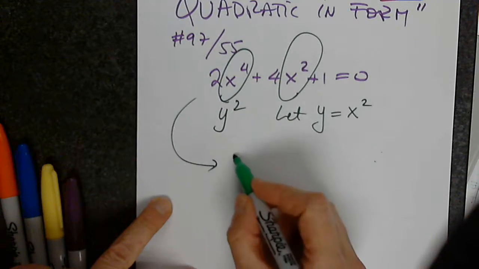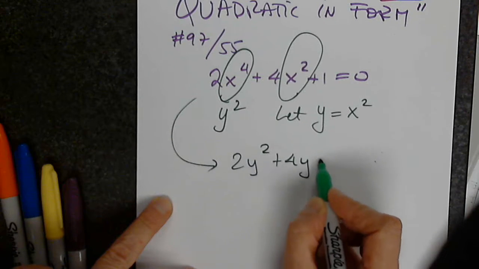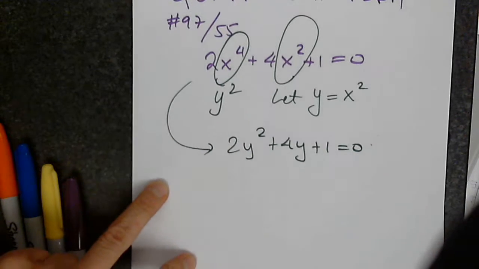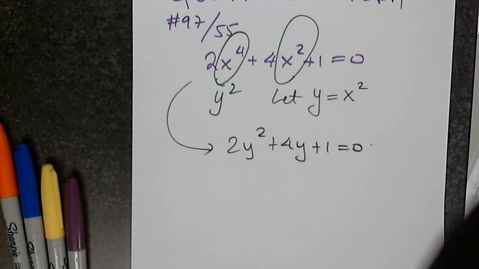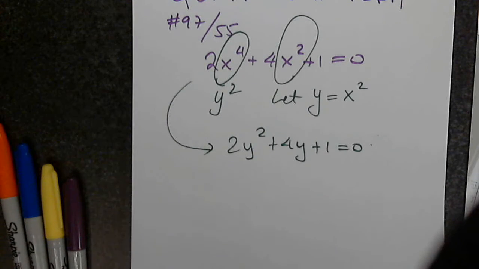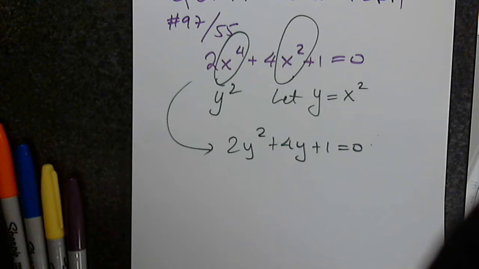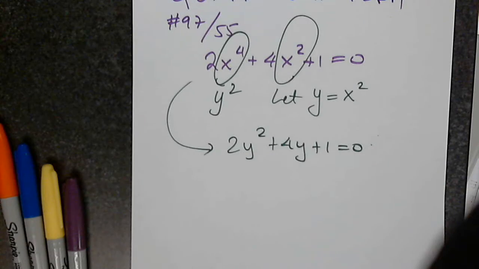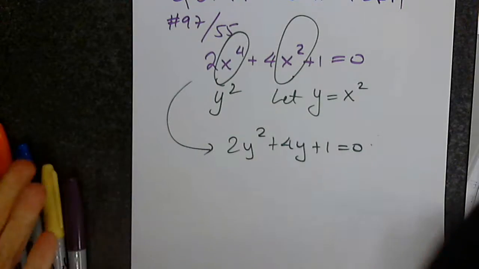So I already changed the equation into 2y squared plus 4y plus 1 equals 0. So it is quadratic in form because I used the particular substitution, which was x squared. I replaced x squared by y, and I changed it into a quadratic.